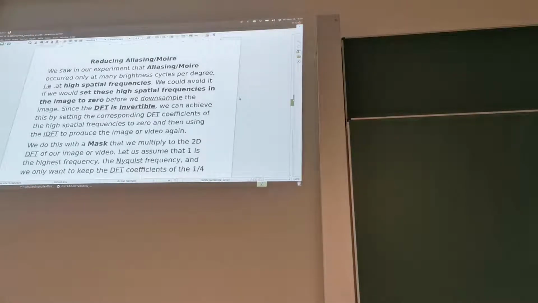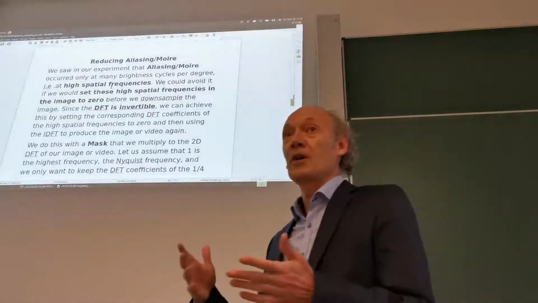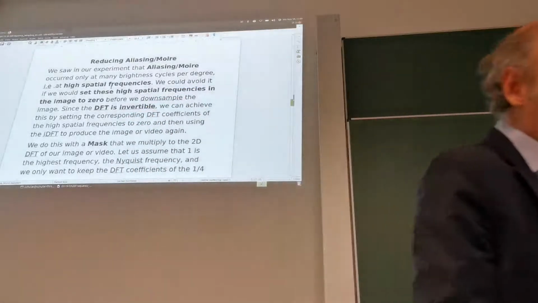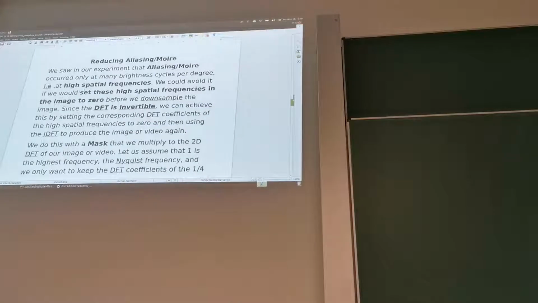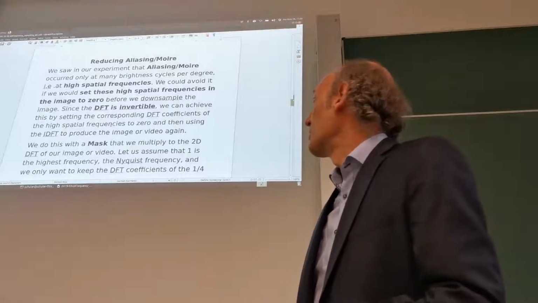Right. So basically, when we look at the course, we see that it's high spatial frequencies, right? High spatial frequencies cause aliasing when we do downsampling. So to avoid it, we simply would have to set those high spatial frequencies to 0 or reduce them before we do the downsampling. Since the DFT, the discrete Fourier transform, is invertible, we can do this in the DFT domain.